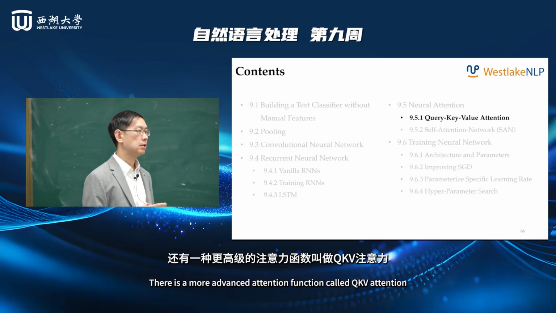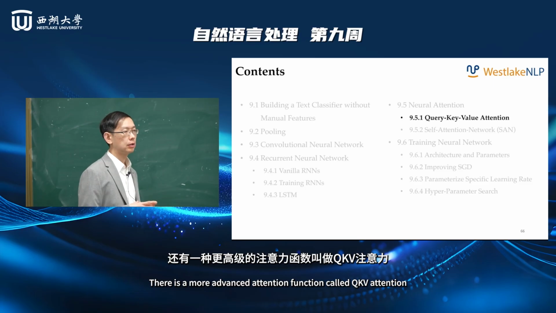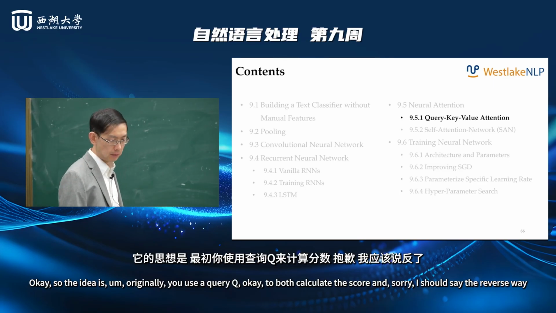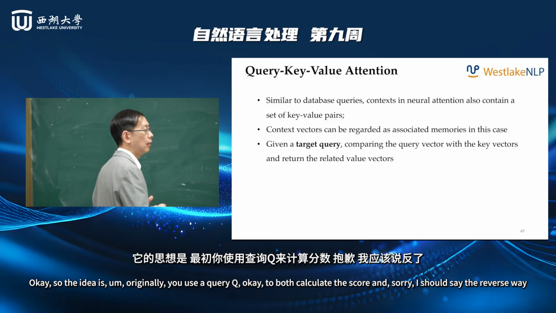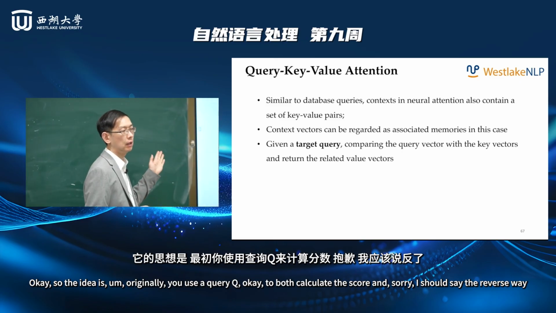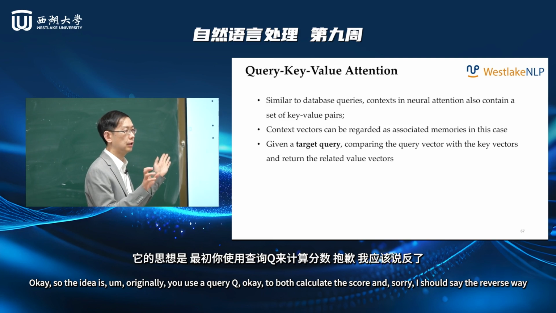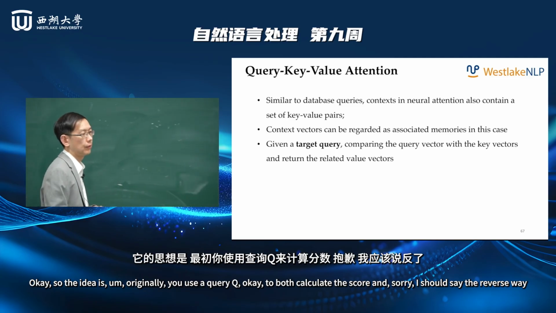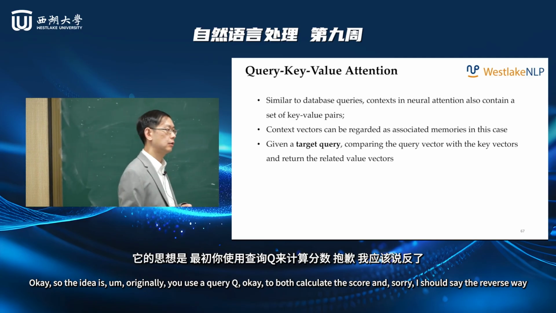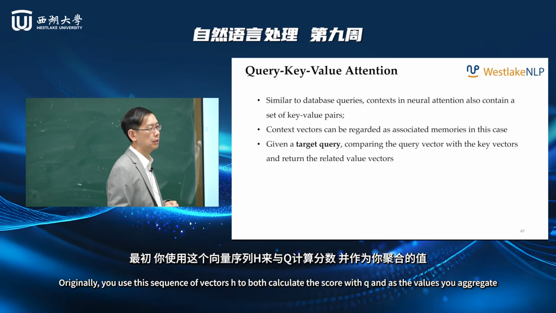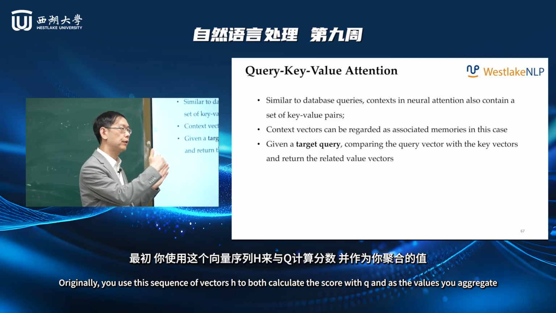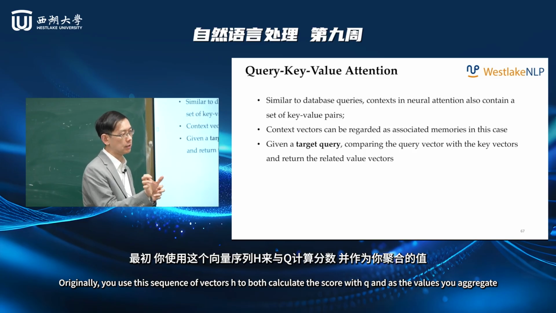There is a more advanced attention function called QKV attention. Okay? So the idea is, originally you use this sequence of vectors H, right, to both calculate the score with Q and as the values you aggregate.